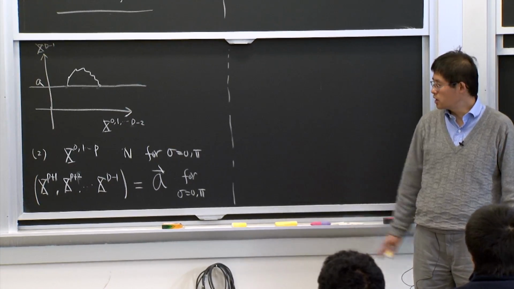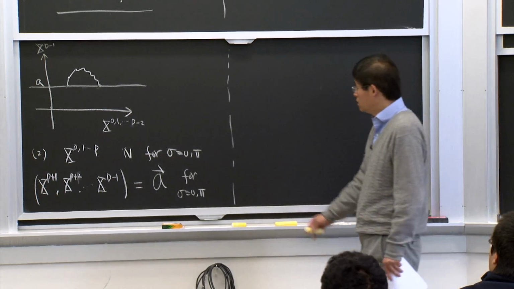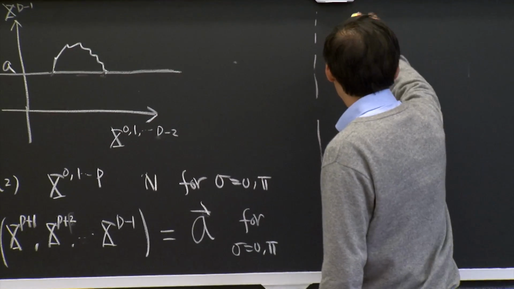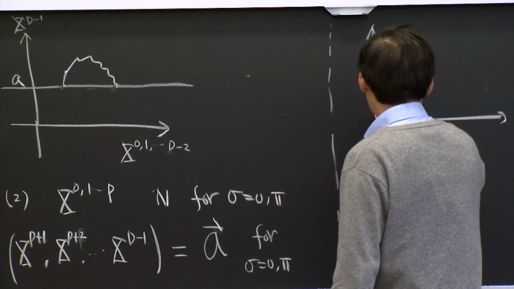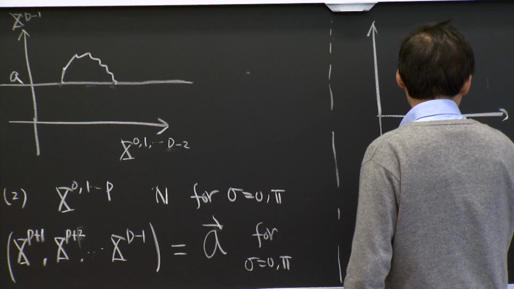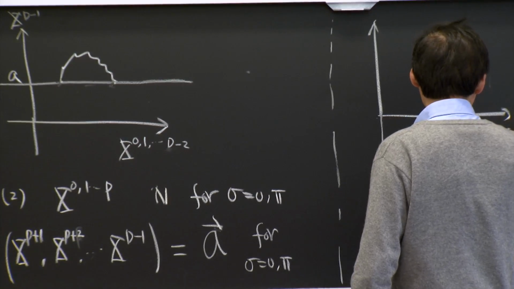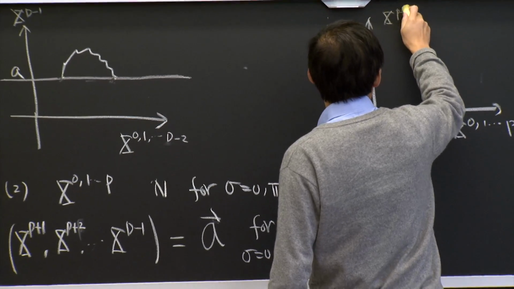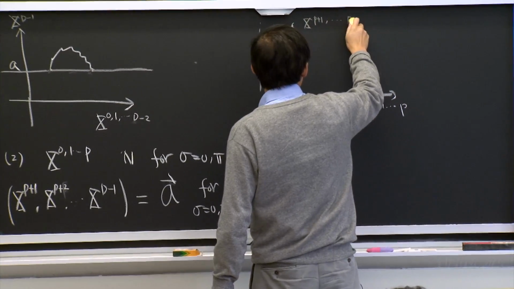So is this notation clear? Again, I can do this on a similar plot like this. Now for the horizontal axis, I do x 0 to p, and for the vertical axis, I do p plus 1 all the way to d minus 1.